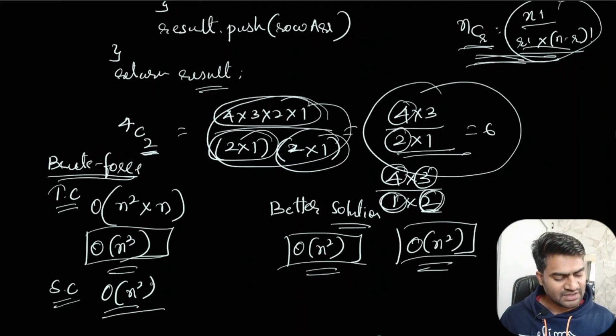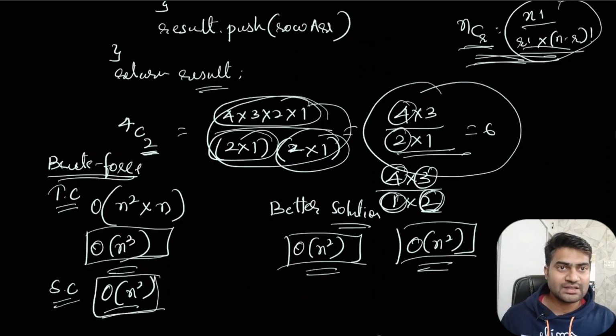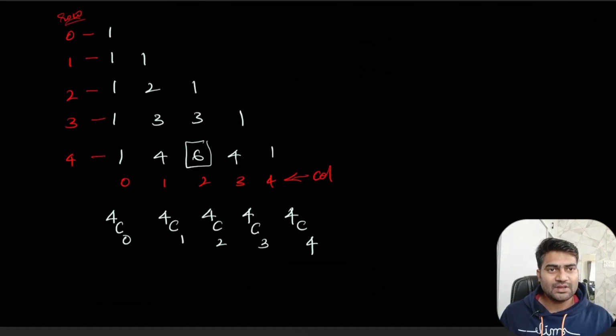That's where we can consider either O of n square or even O of 1, because O of n square is required to store the answer. So this is for the better solution. Further improve it, maybe yes, let us see how to do that.